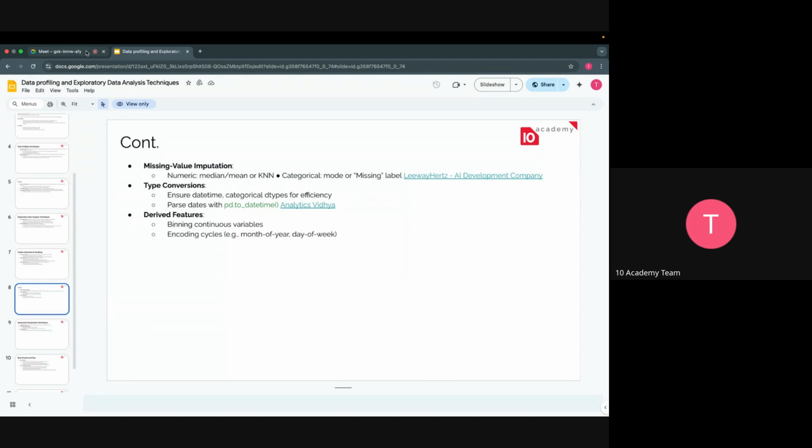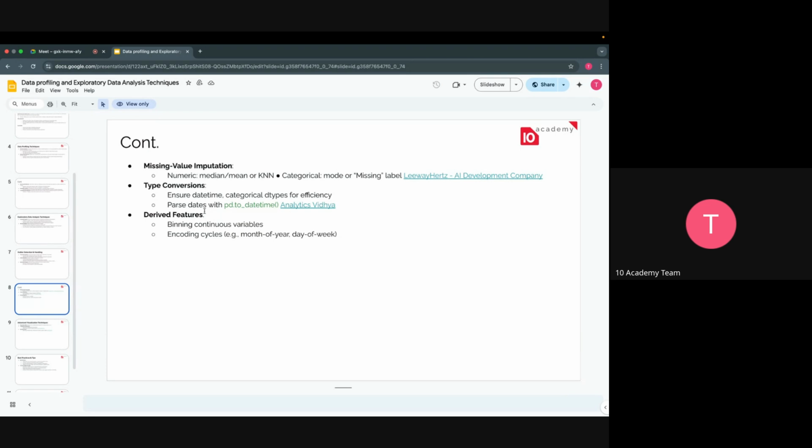And with type conversion, you can ensure that the types for date time and categorical are effective. For instance, I don't think we have this issue for this data set, but for the future, we will see how this affects our analysis.